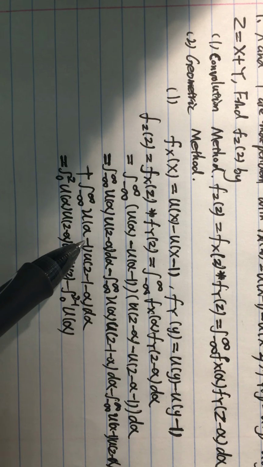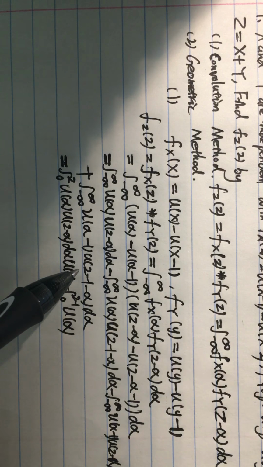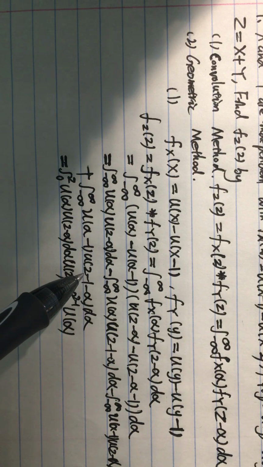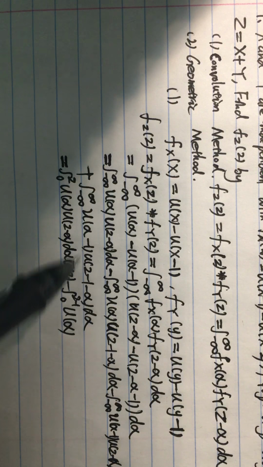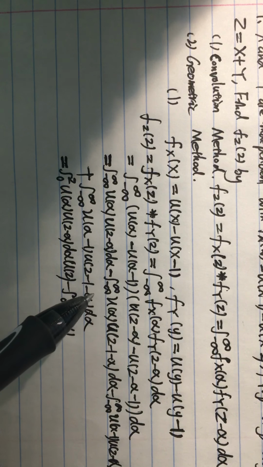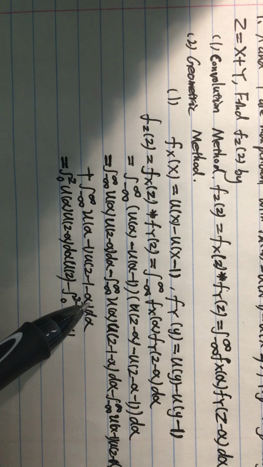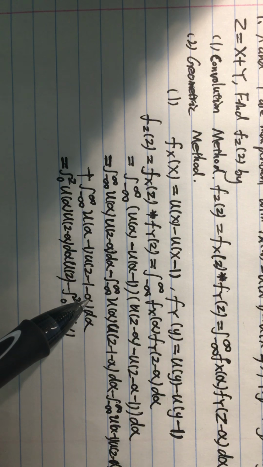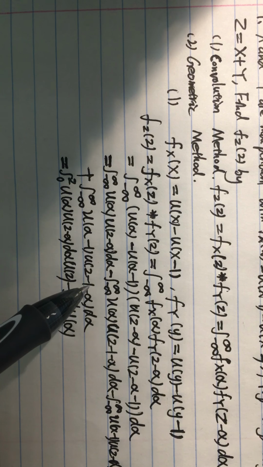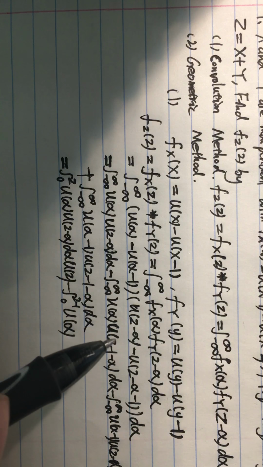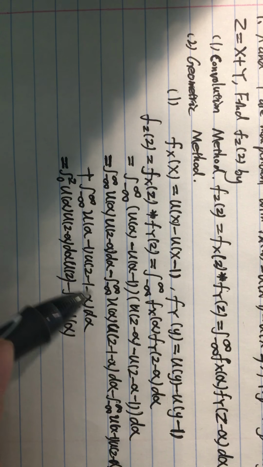it's all 0 when a is smaller than 1, and for this function, the value of this step function should be all zero when a is larger than z minus 1.